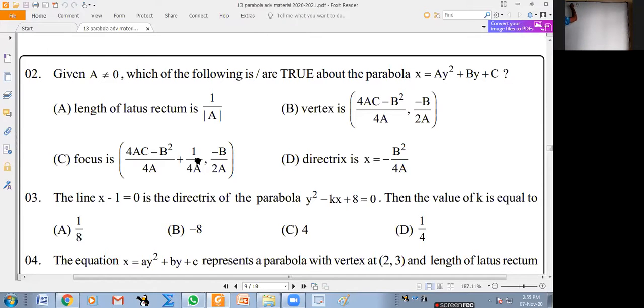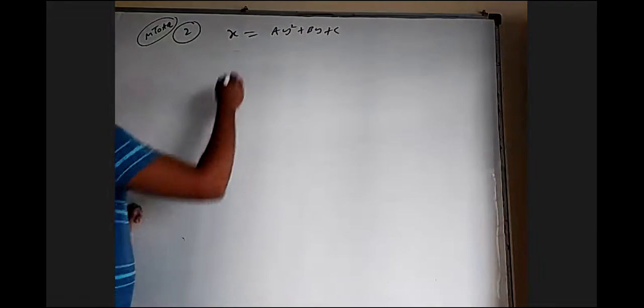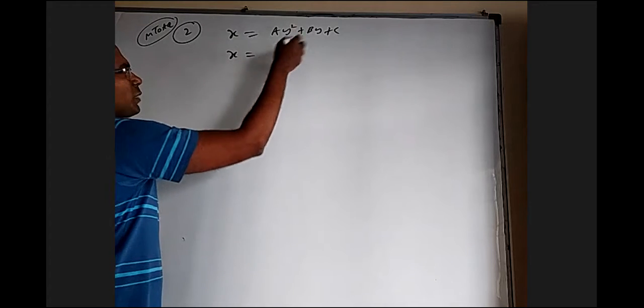Okay, so more than one answer questions. The second one, they gave a parabola. They want latus rectum, vertex, focus, directrix. I think right in the beginning it can be done all this. Like a regular quadratic equation, we can make perfect square and all.